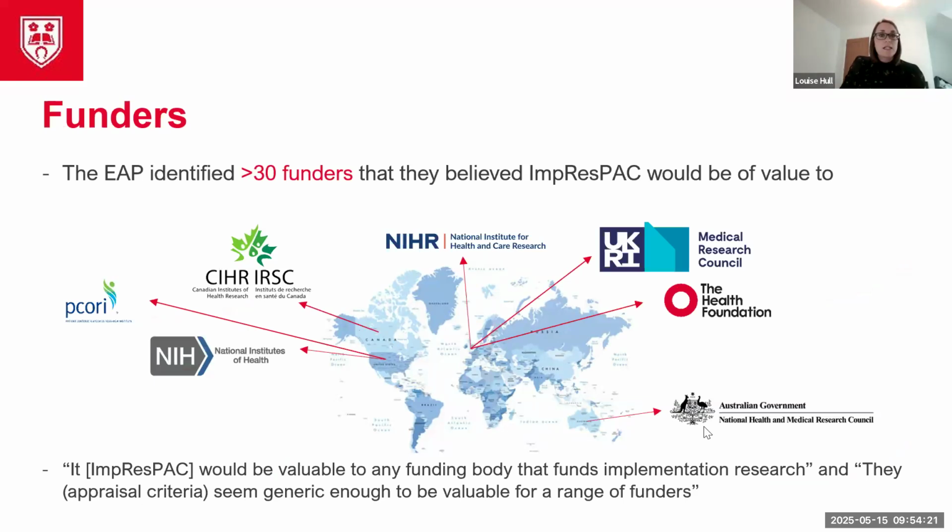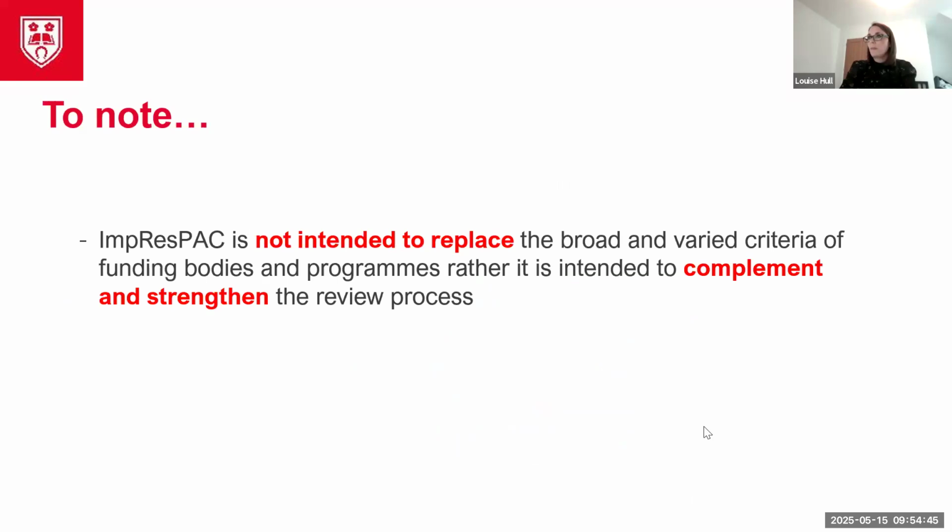The expert panel identified more than 30 funding bodies and programmes that they believed ImpResPAC would be of value to, and this is just some of the examples of the funders that they identified. And then we had some more general comments that a number of the expert panel just thought that it would be a valuable tool to any funder that is funding implementation research.